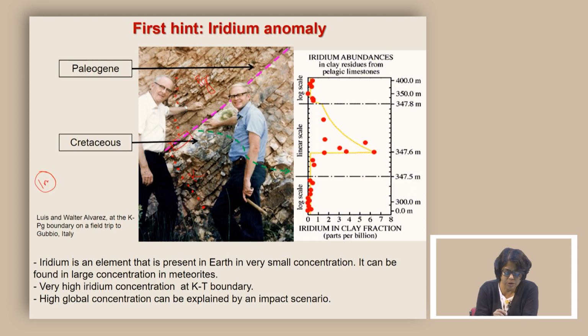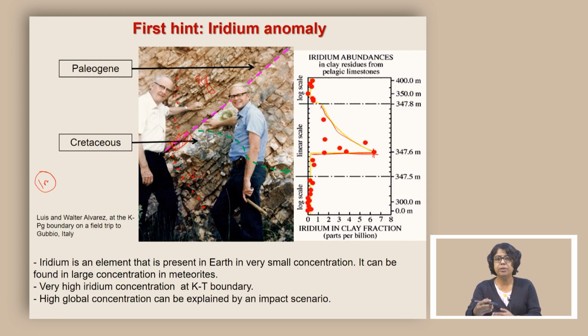But if we concentrate on this particular point, which is the boundary, here we find a really high concentration of iridium. It almost looks like the iridium concentration shot up very highly and then gradually declined.